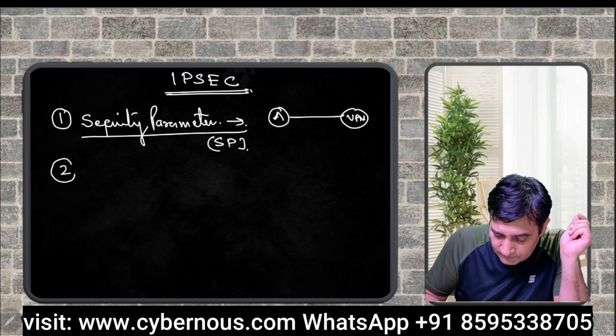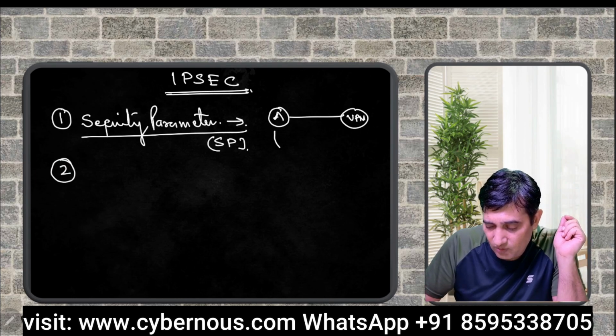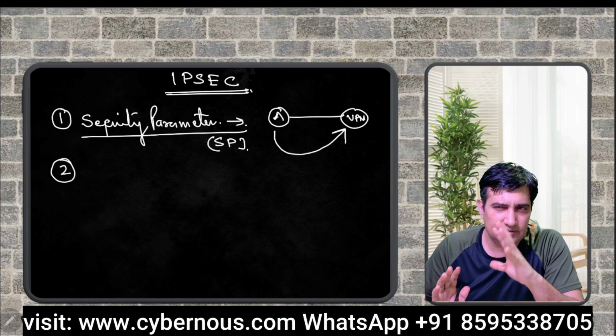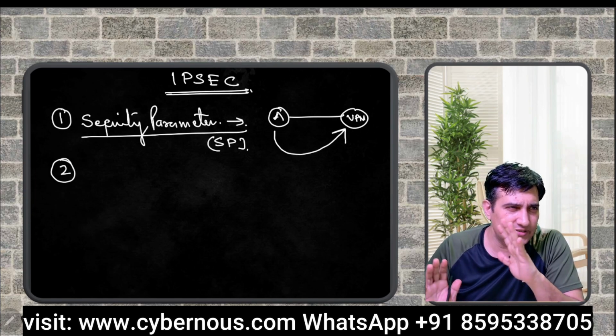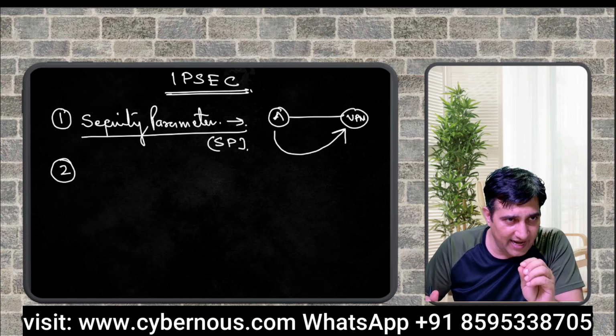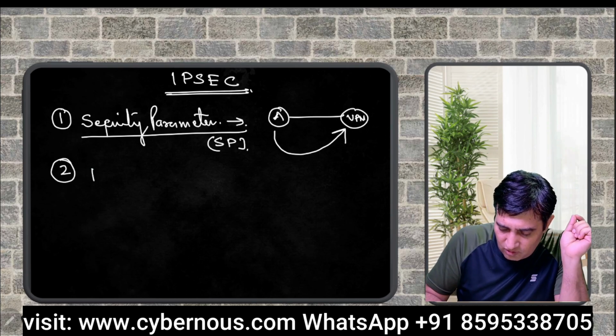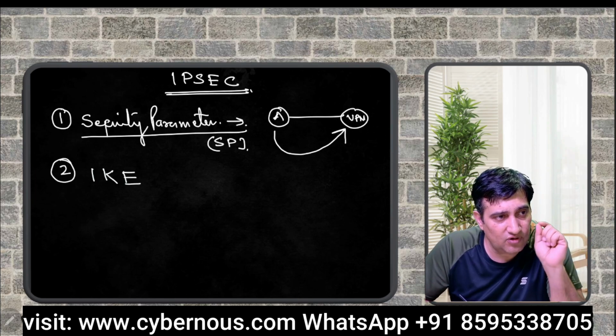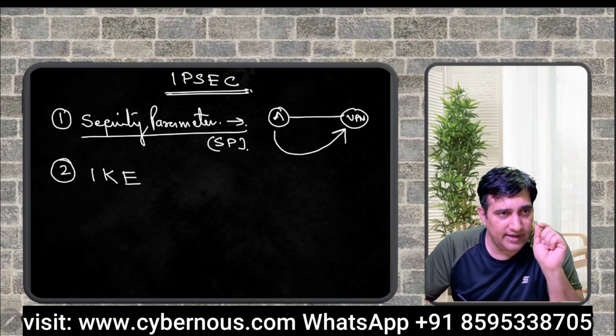Number two, when computer A wants to connect with this VPN, there has to be some kind of authentication and negotiation, right? Obviously. So for that purpose, there is a protocol called IKE, which stands for Internet Key Exchange.